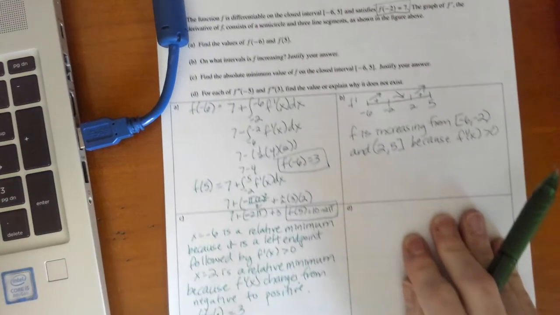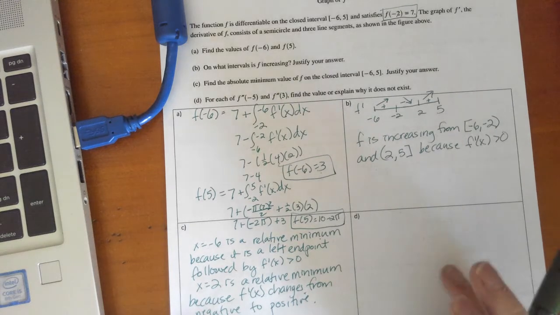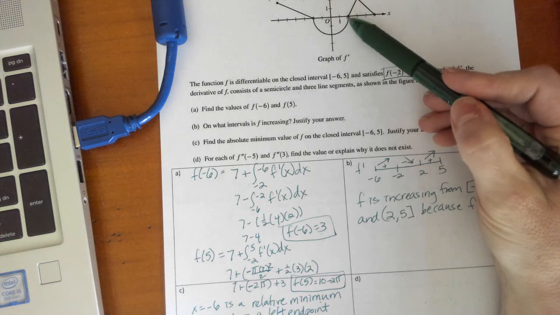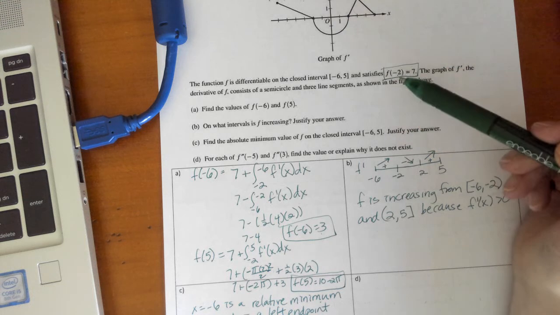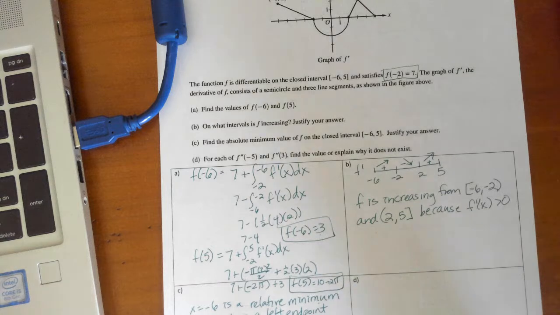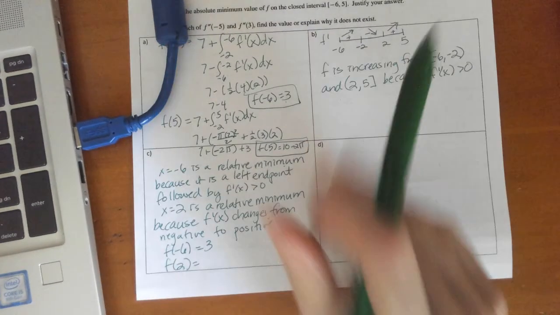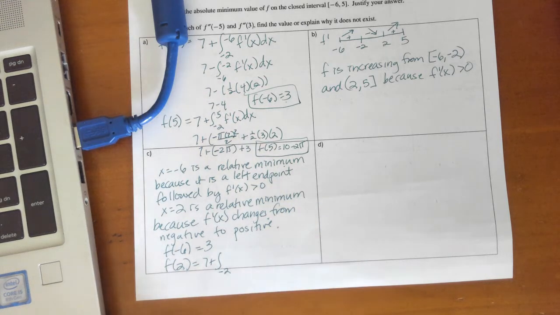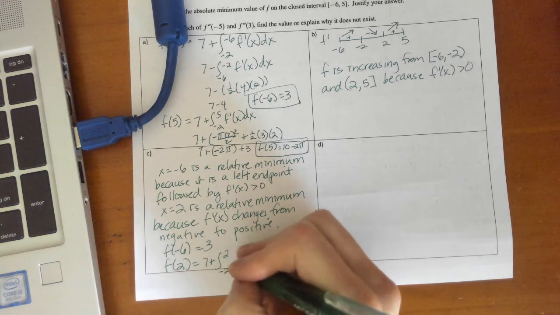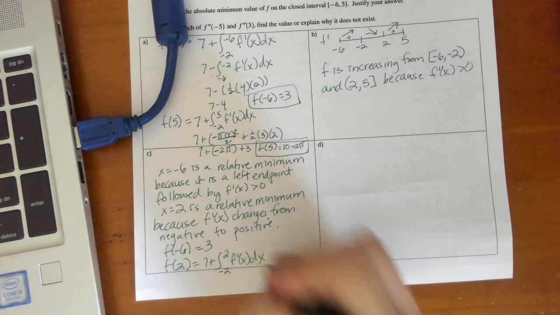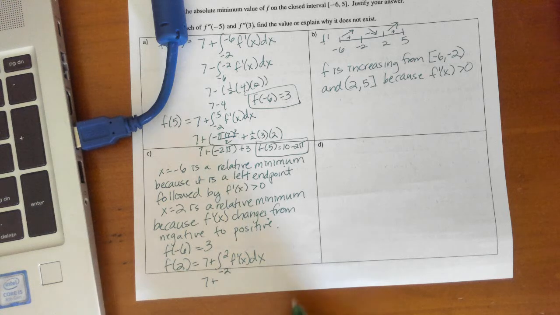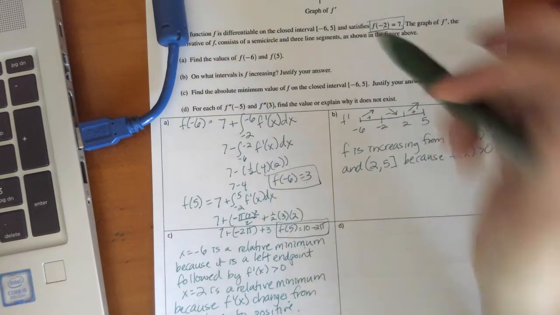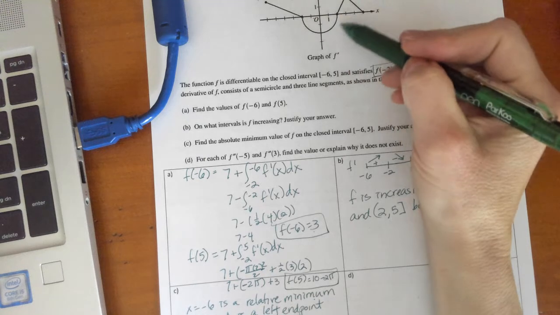So that means in order to find f of 2, we're going to have to use our initial condition again. So we're going to say 7 plus. Now 7 was our value when x was negative 2. We're looking for 2. So that means from negative 2 to 2 is our semicircle.